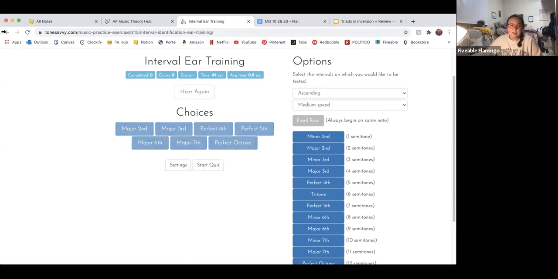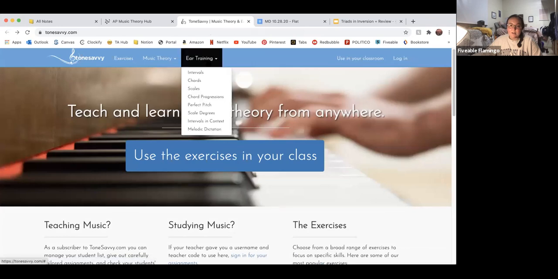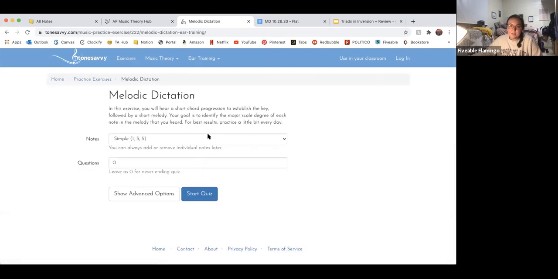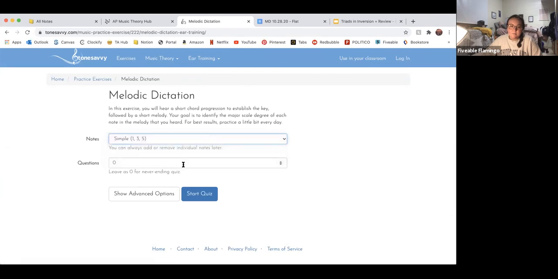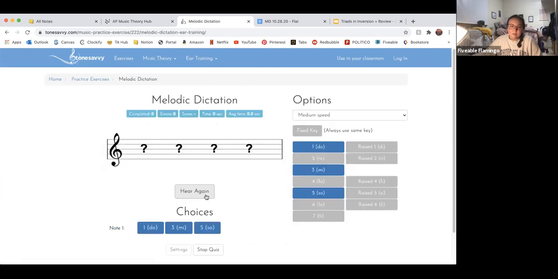And if I were to go back and go to ear training again, and do melodic dictation. So this is using. So that gave you the key that it was in.